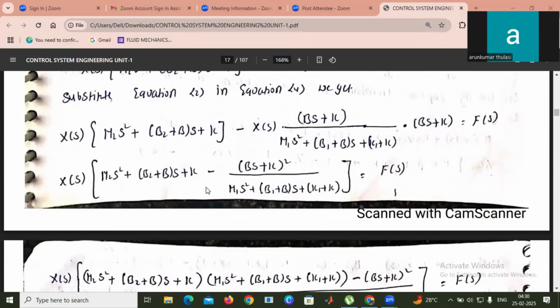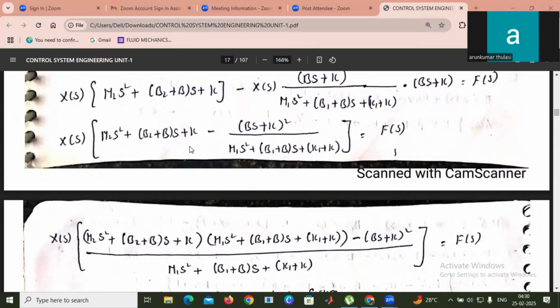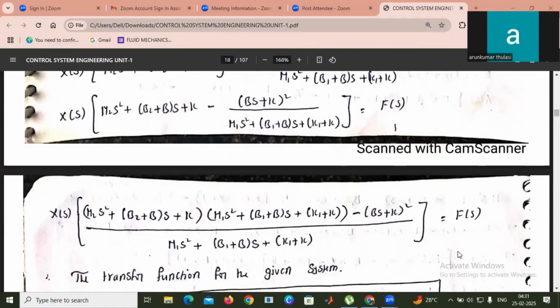Solving this by cross multiplication, x of s is multiplied by this term. Then you get (m2 s square plus (b2 plus b) s plus k) into (m1 s square plus (b1 plus b) s plus k1 plus k) minus (bs plus k) whole square, all divided by m1 s square plus (b1 plus b) s plus k1 plus k, equals f of s.